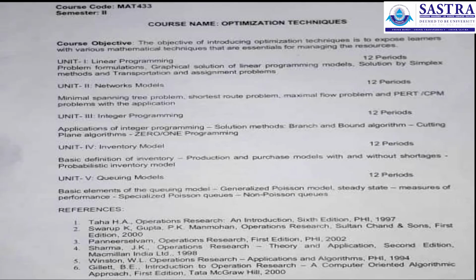Next one is network models. In that we will have the minimal spanning tree problem, shortest route problem, maximal flow problem, and PERT and CPM. That means Project Evaluation and Review Technique and the Critical Path Method.